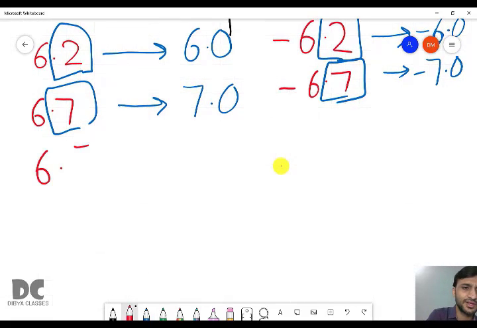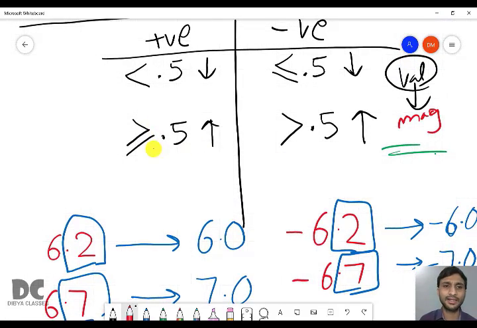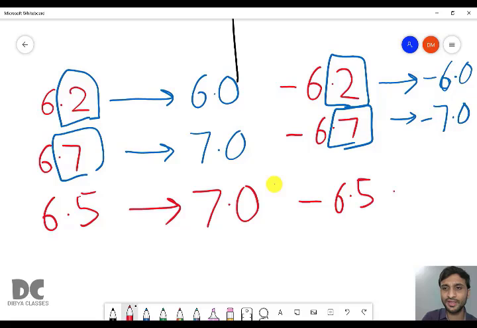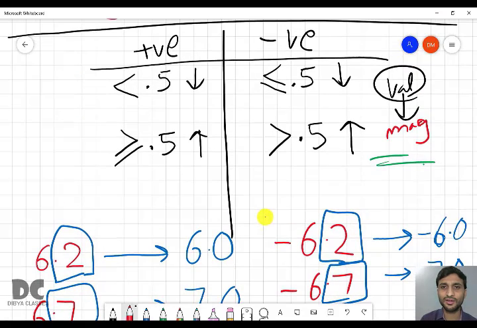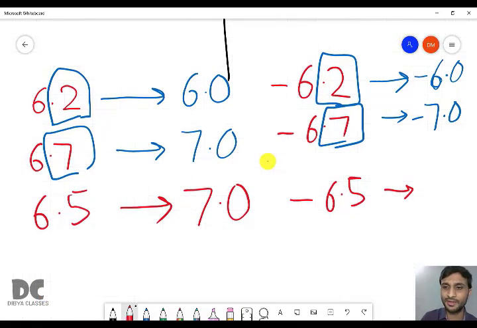Okay. Now we'll check for the interesting part, that is if the value is 0.5. So if the value is 0.5, what is the rule? You will increase the value, greater than or equal to 0.5. Increase means the answer will be 7.0. If it is minus 6.5, you will do what? Less than or equal to 0.5, you will decrease it. You will decrease means it will become minus 6.0.